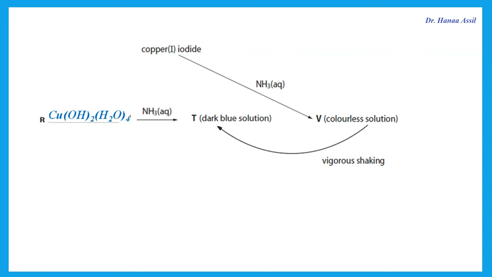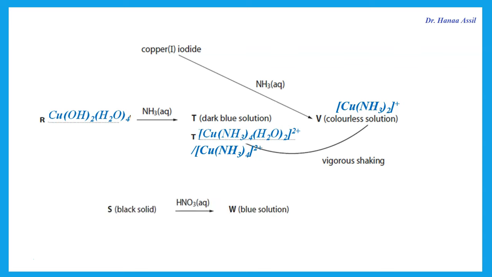We added ammonia to it, and we also got the dark blue solution. When we add ammonia to that complex, then T must be the complex between copper and 4 ammonia and 2 water, or just 4 ammonia. And that means we started with the copper plus 1 complex from the copper 1 iodide. On shaking, it was oxidized to copper 2 plus.